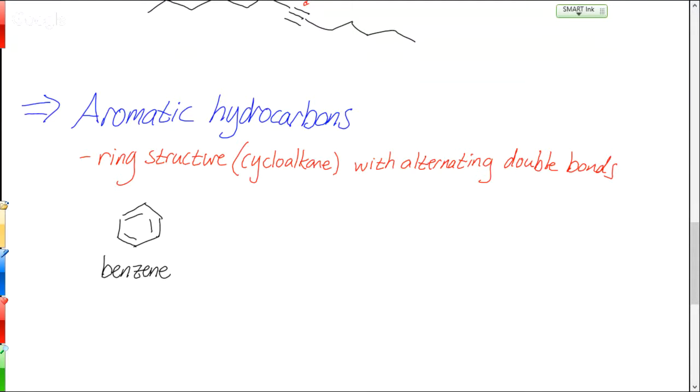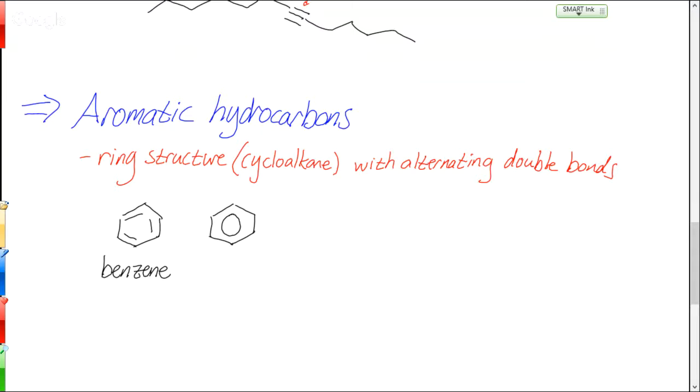Because of those alternating double bonds, it makes a special electronic arrangement inside of that molecule. And so sometimes this is written, instead of showing the double bonds, with a circle. It means the same thing. It's this ring with these alternating double bonds.